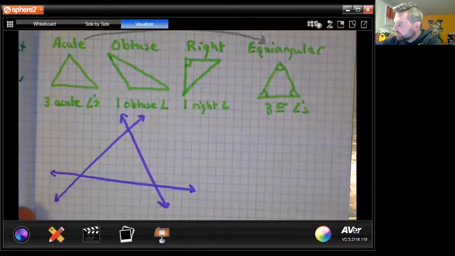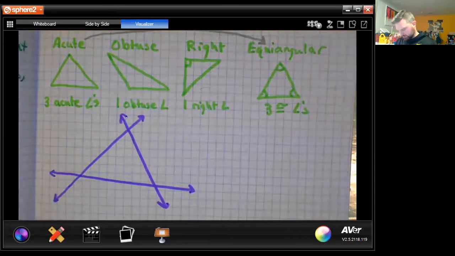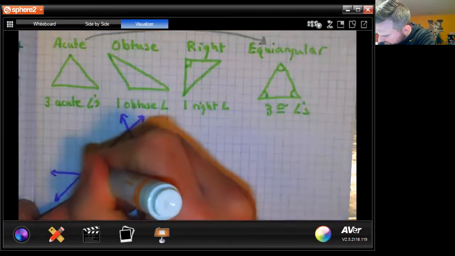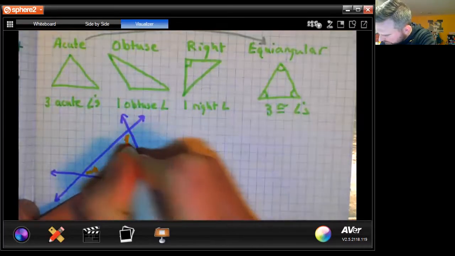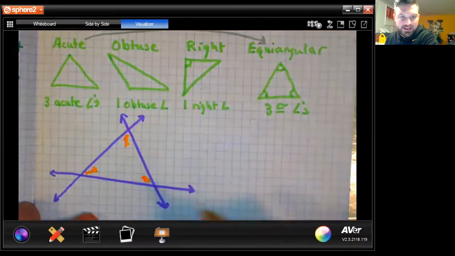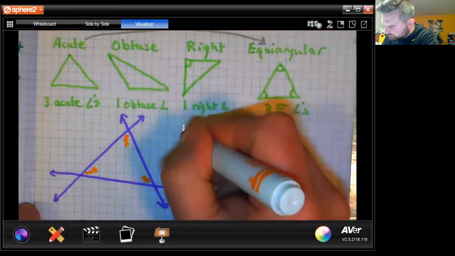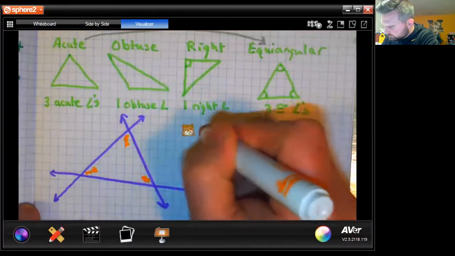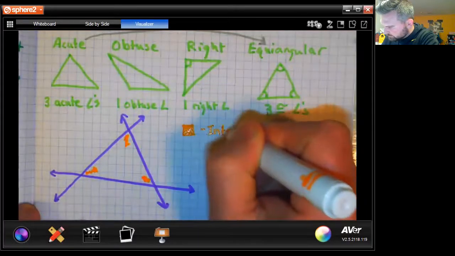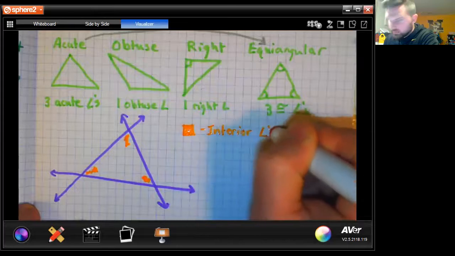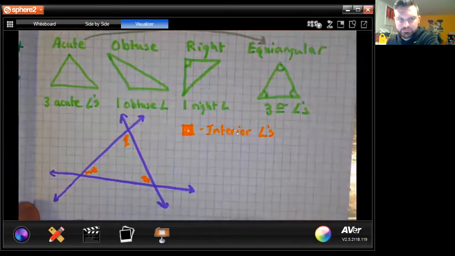We have some types of angles here with it. Okay, so I have these angles right here that are on the inside of my triangle. Okay, these are interior angles.